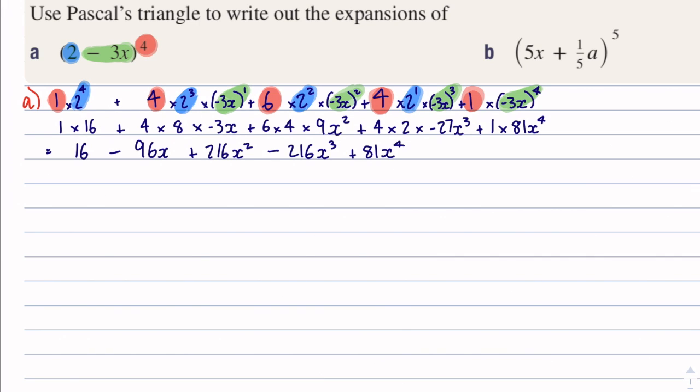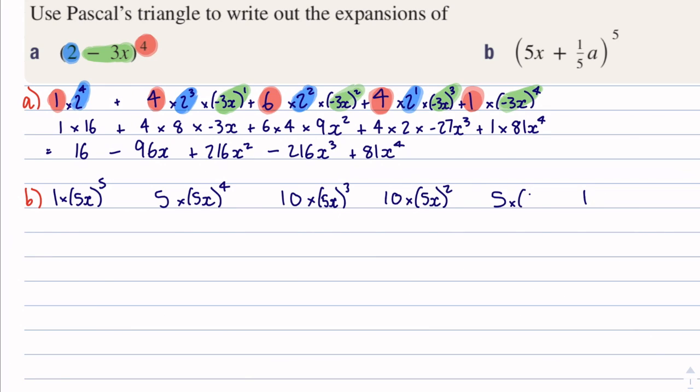For question B, you're going to do it exactly the same. This time, our coefficients are 1, 5, 10, 10, 5, 1. We've got 5x to the 5, 5x to the 4, 5x to the 3, 5x to the 2, 5x to the 1, and then 5x to the 0.